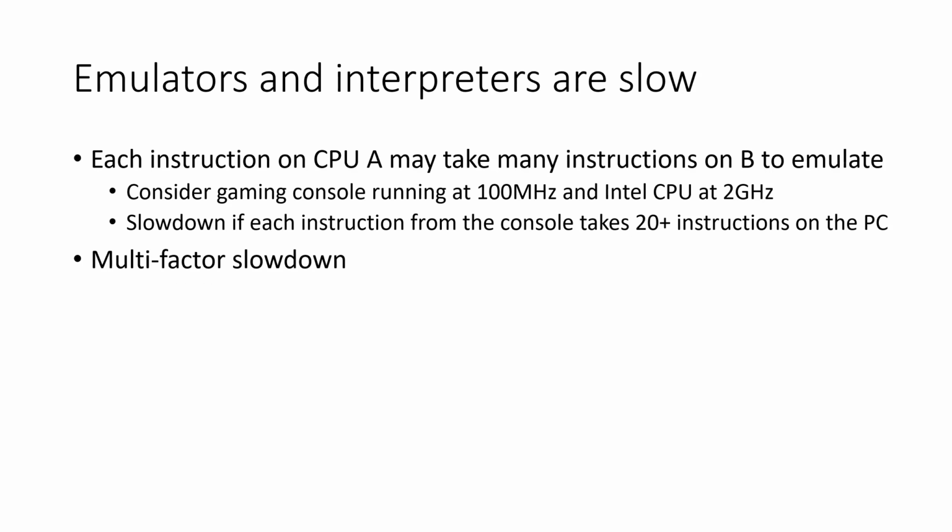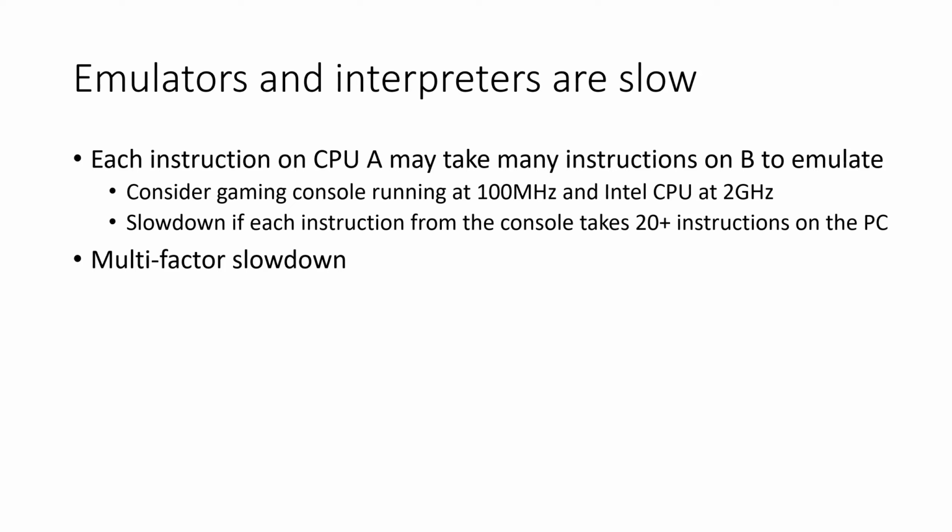One problem with emulators is that emulators are very slow. This happens because each instruction from the original CPU, say from the Super Nintendo Entertainment System, may take many instructions on the second CPU, CPU B, to emulate. For example, if we have a gaming console whose CPU runs at 100 megahertz, and we have an Intel CPU that runs at 2 gigahertz, the Intel CPU has a frequency that is 20 times larger than that of the gaming console.